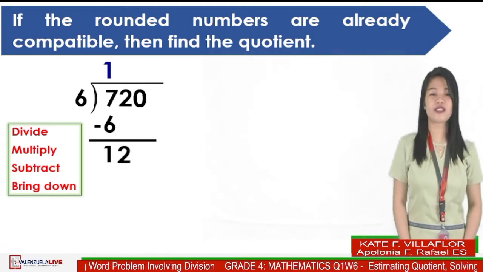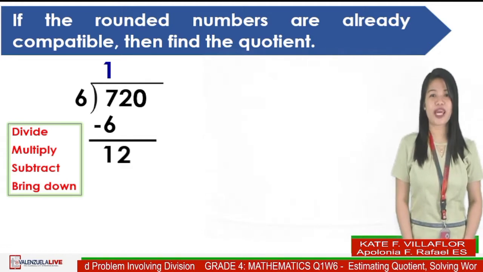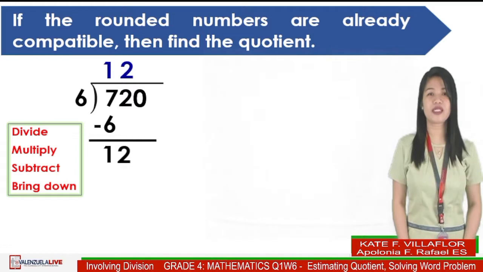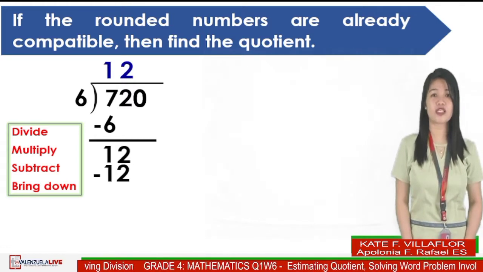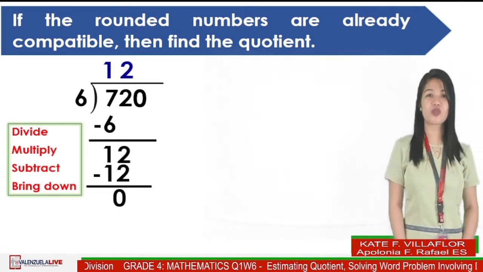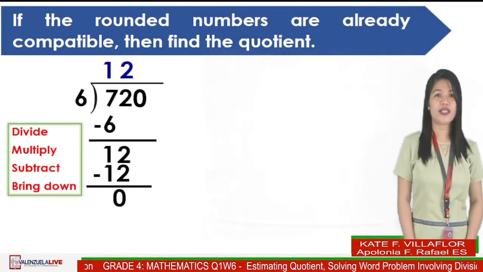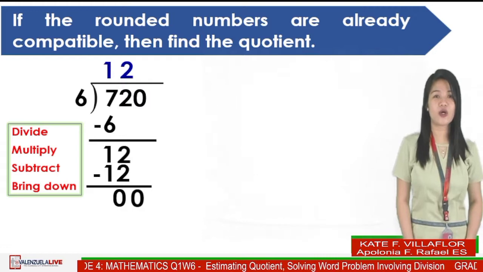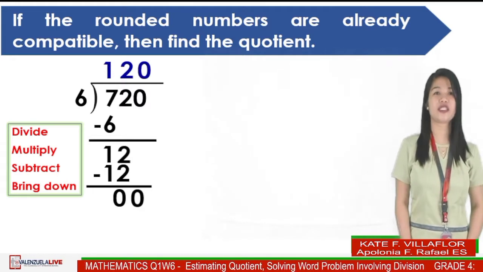Continue the process. The first step, 12 divided by 6, the answer is 2. Then 2 times 6 is equal to 12. Then subtract. 12 minus 12 is equal to 0. Then bring down 0. Continue to divide. 0 divided by 6, the answer is 0.